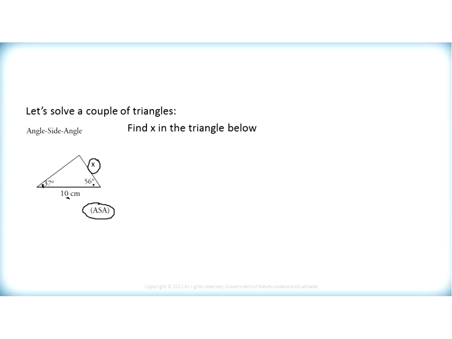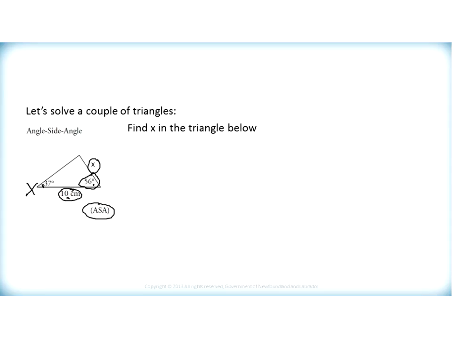The angle opposite side x is this one right here, which I'm going to call capital X. I also know that I have a 56-degree angle right here. And I have this side, 10 centimeters.